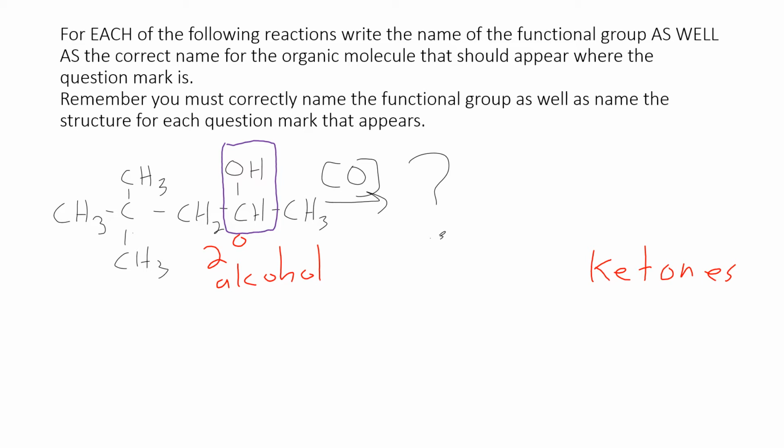So that secondary alcohol is going to form a ketone. I'm going to get my ketone in place: C double bond O, that's what makes a ketone a ketone. That's the change that is actually happening here. If I map out what's becoming what, in purple, we have the secondary alcohol forming a ketone.